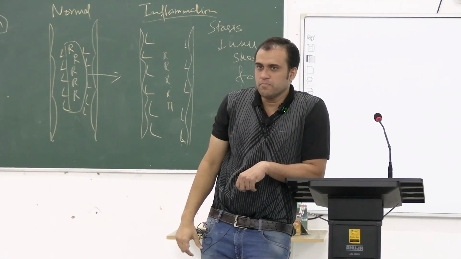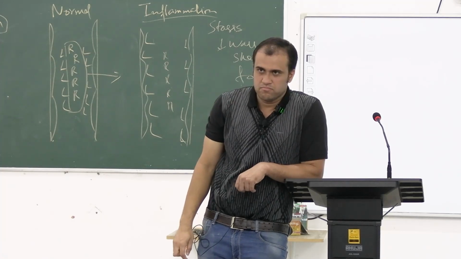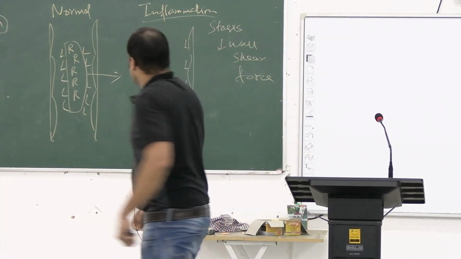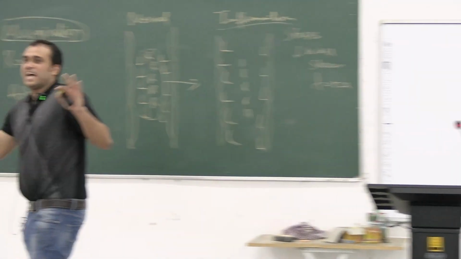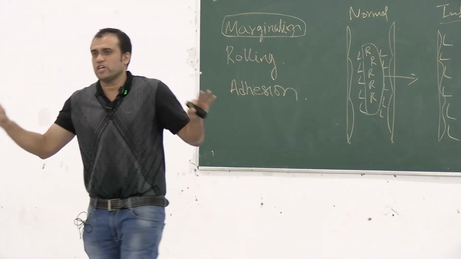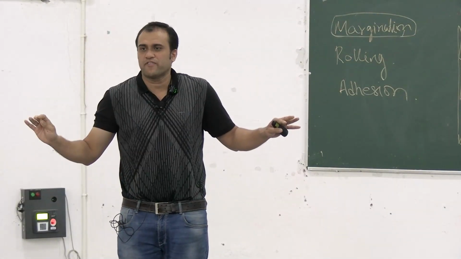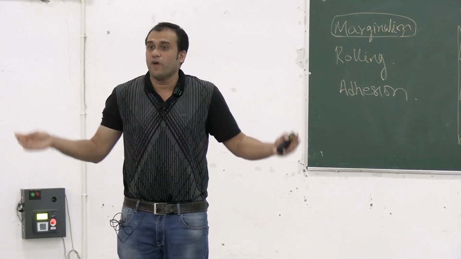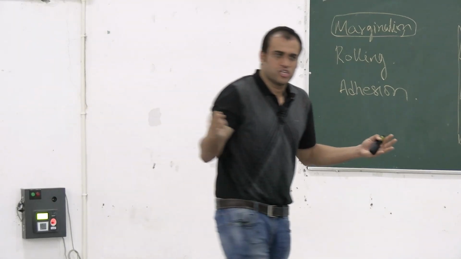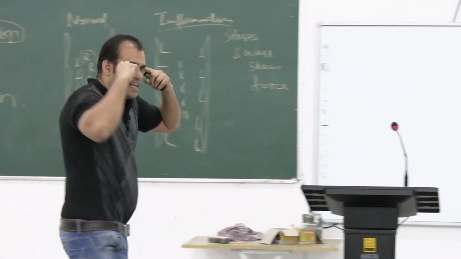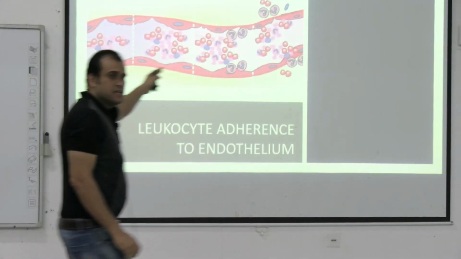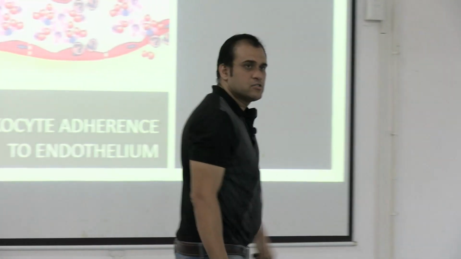After margination comes rolling. This is basically a natural mechanism. Why do leukocytes assume a peripheral position towards the endothelium? Think logically and answer why the leukocytes move towards the periphery, towards the endothelium.